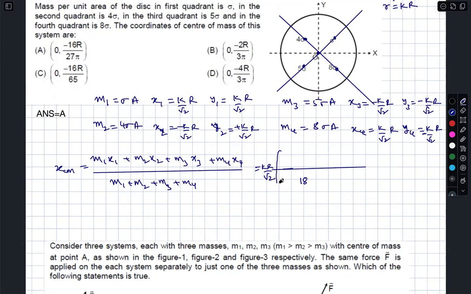Now I'll take the products: 1 into 1, 4 times minus 1 is minus 4, 5 times minus 1 is minus 5, 8 times 1. Fortunately, the numerator cancelled. 0 by 18. Yes, 0.